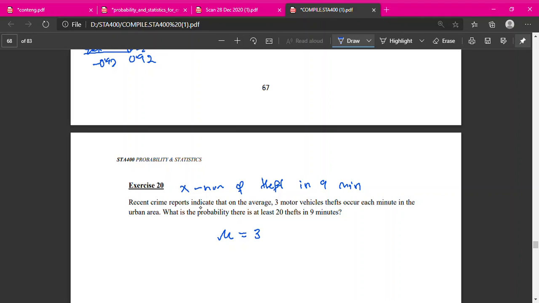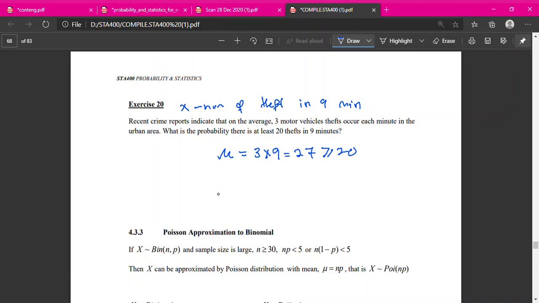So, in 9 minutes, 3 multiply 9, which is 27. Okay, because 27 is more than or equal to 20, so kena buat approximation kepada normal distribution with mean 27, variance also 27.